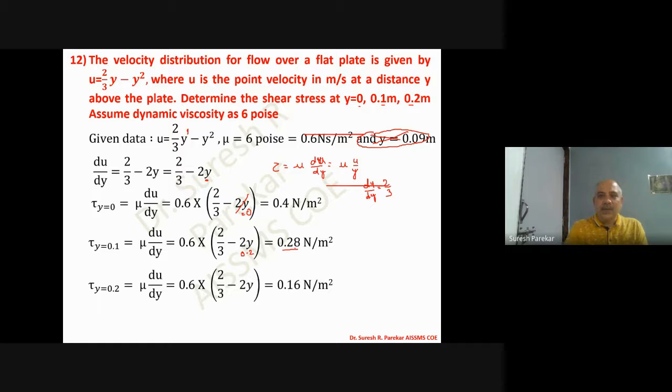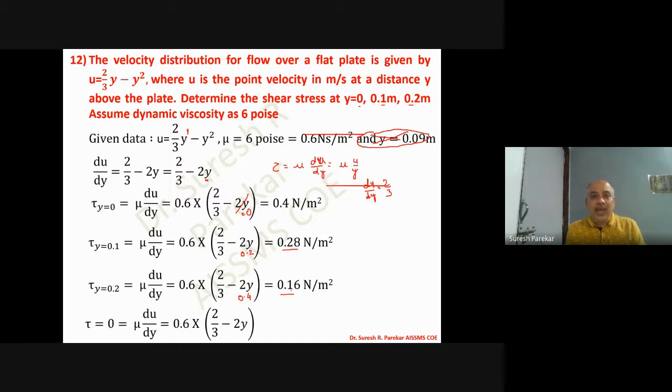And similarly, you can put y equal to 0.2, so this becomes 0.4, and substituting this value, we get the value of tau at y equal to 0.2 as 0.16 Newton per meter square. So these are the problems we have to solve by using Newton's law, that is tau is equal to mu du upon dy.